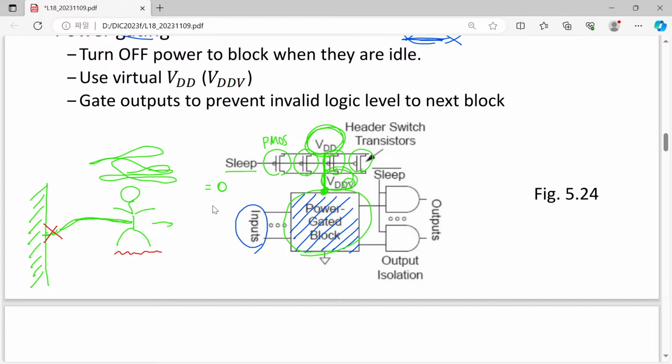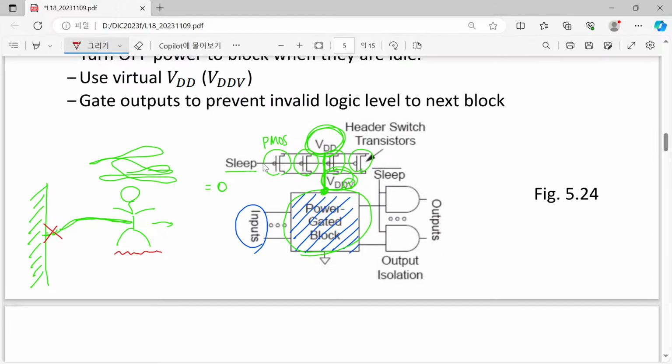So what we can do is quite simple. Apply sleep equal to 1, or VDD. Then now our P MOSFET is turned off, and this VDD-V, so virtual VDD, is now disconnected from this VDD.